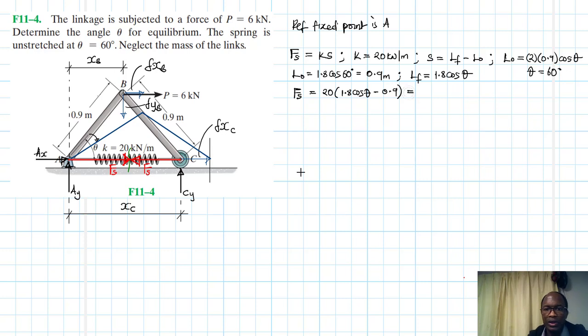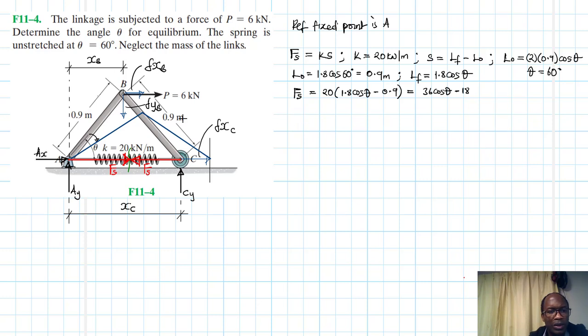If we write this out, 20 times 1.8 gives us 36 cos theta, minus 20 times 0.9, which is 18. So that is the value of our Fs.